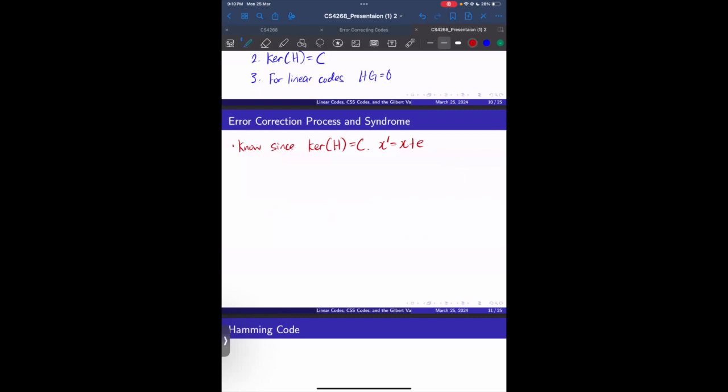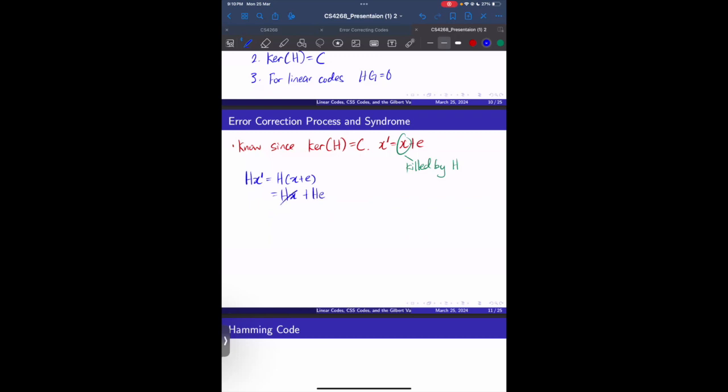And we know that this part, x, will get killed by H, because it lies in the kernel of H. So what happens is that when we take H and multiply by x prime, what we get is this. And by linearity, we can separate these guys out.